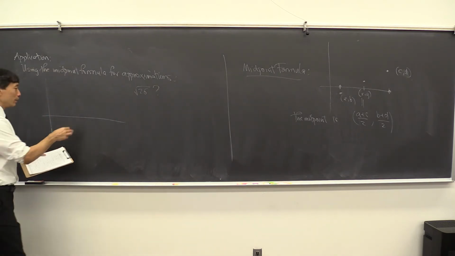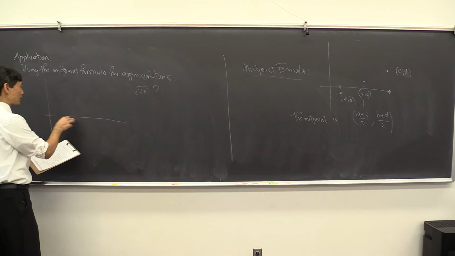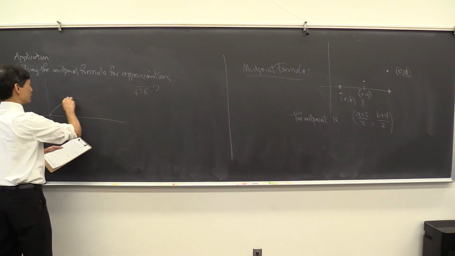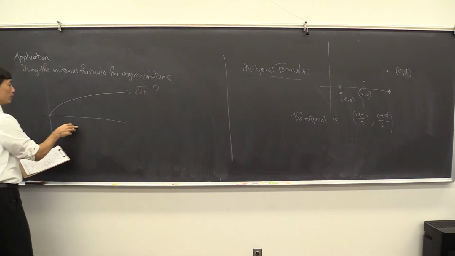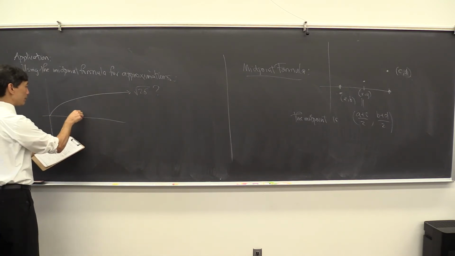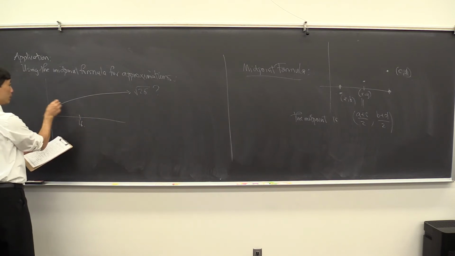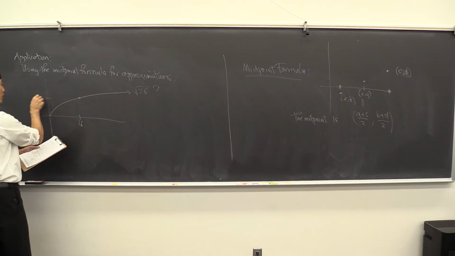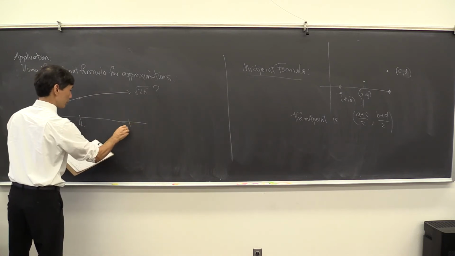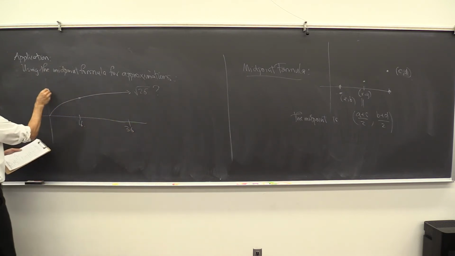Okay, and they say, well, look, here's the square root. The square root function looks something like this. Okay, and let's see, the square root of 16 is 4. And the square root of 36 is 6.